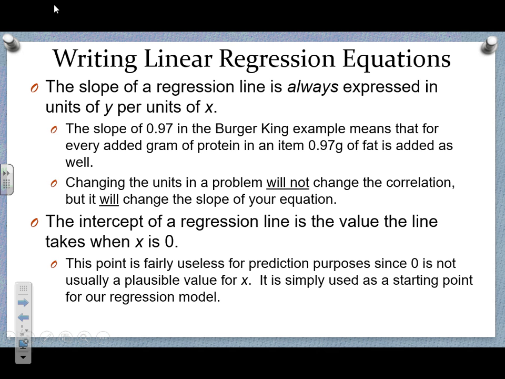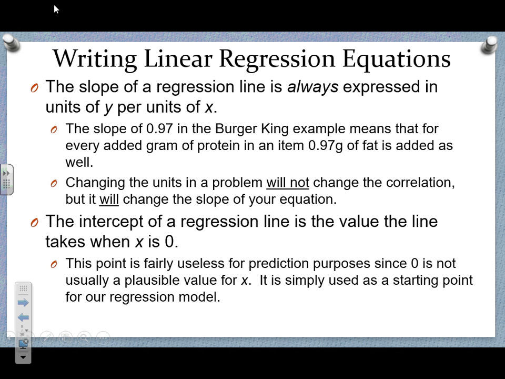Okay. Now, one thing to note here, the y-intercept is, for prediction purposes, basically useless to us. There's not a lot of times where x equals 0 is an actual value we're interested in. Sometimes it might be the case, but a lot of times it's not going to be. Also, it sometimes won't make sense what the y-intercept would say when x is equal to 0.